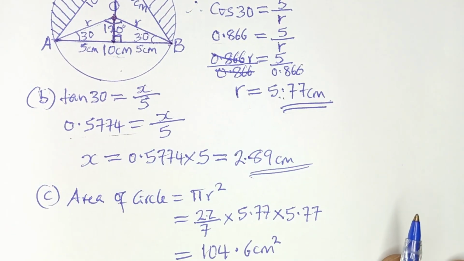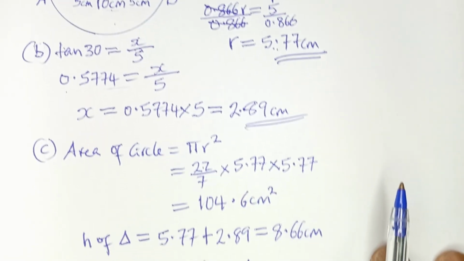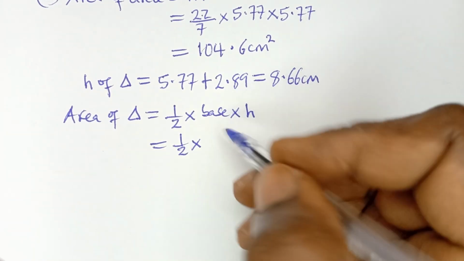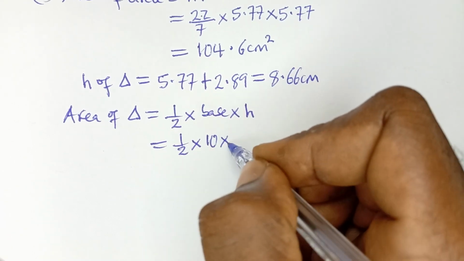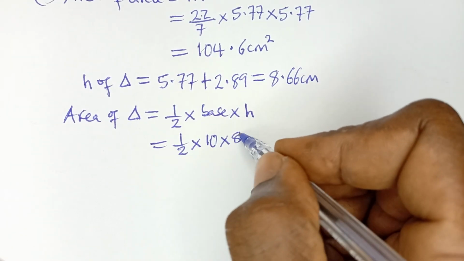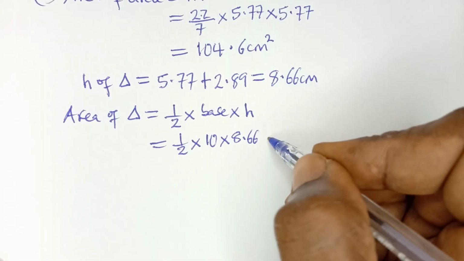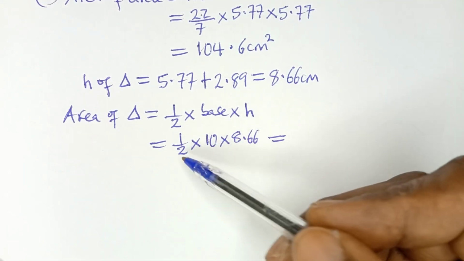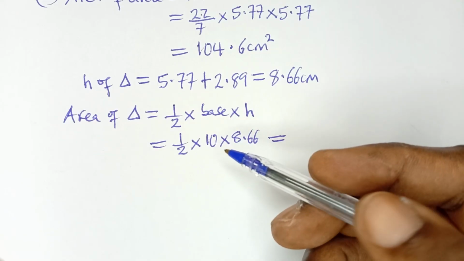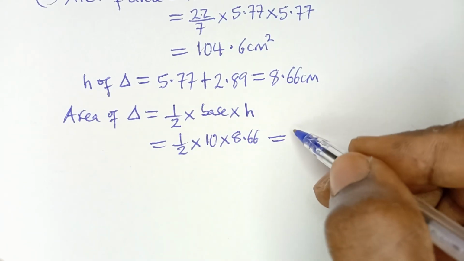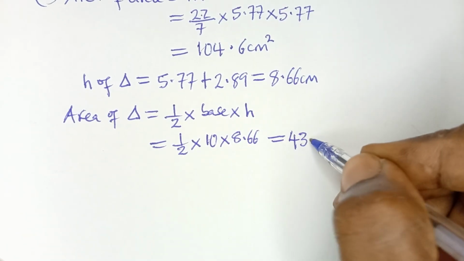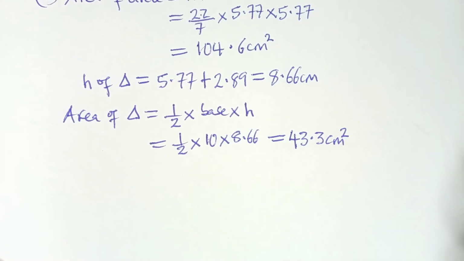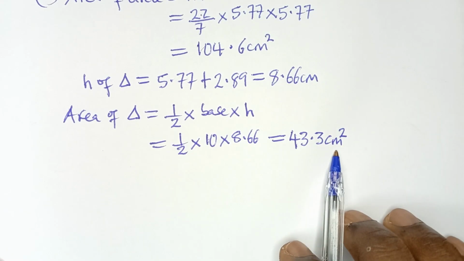And the height, we already know, is 8.66. By the time we multiply 10 by 8.66 and divide it by 2, it's going to give us the area of the triangle as 43.3 centimeter square.